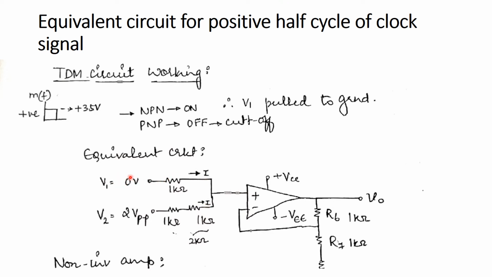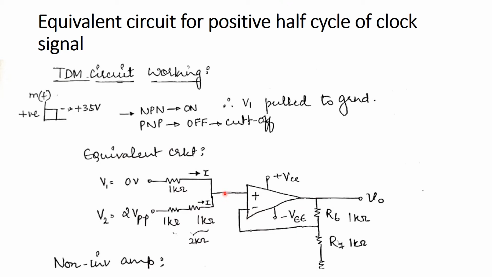So we will have the non-inverting terminal of the op-amp connected to V1, which is equal to 0 volts, and V2, which is a 2 volt ramp signal. Now this circuit, if we can see, works as a non-inverting summer.